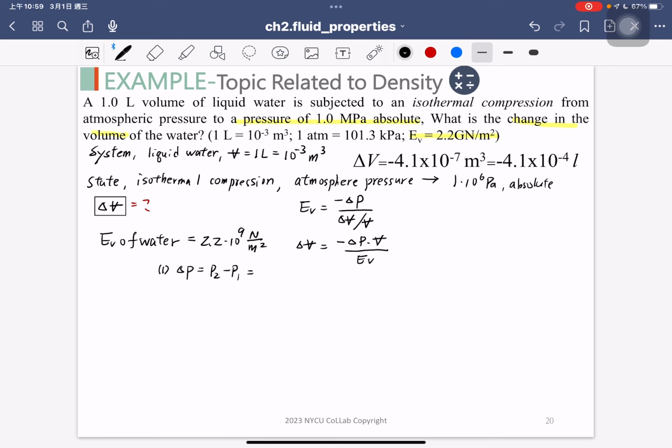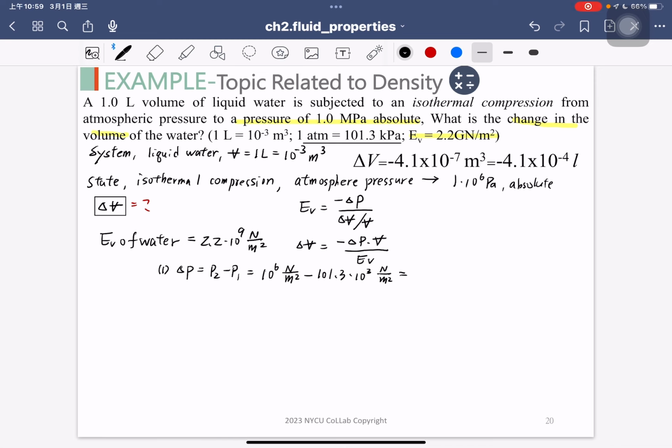We know that P2 is 1 million Pa, where Pa is newton per meter square, and then minus 1 atmosphere. We know that 1 atmosphere is 101.3 times 1,000 newtons per meter square.